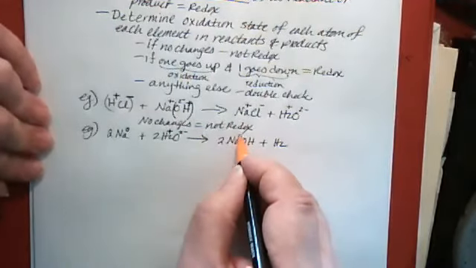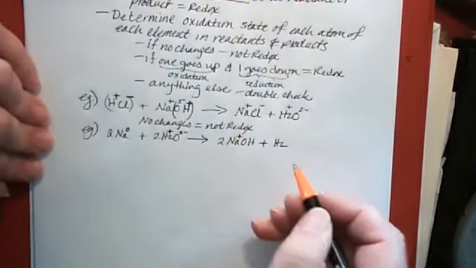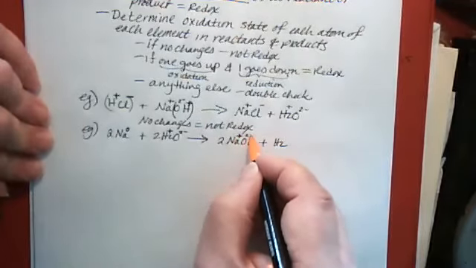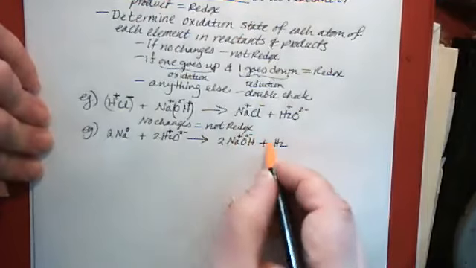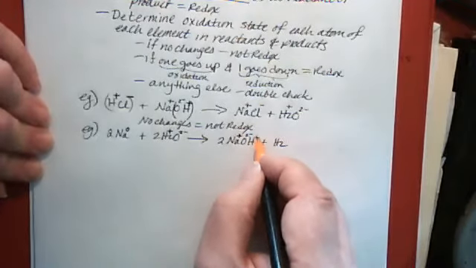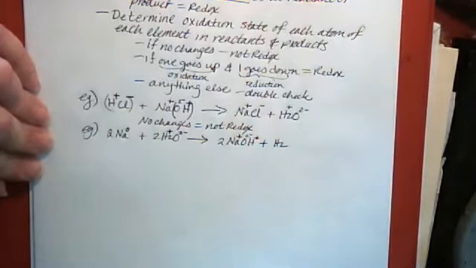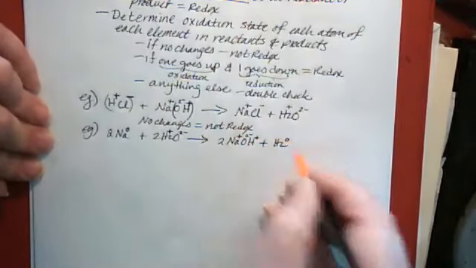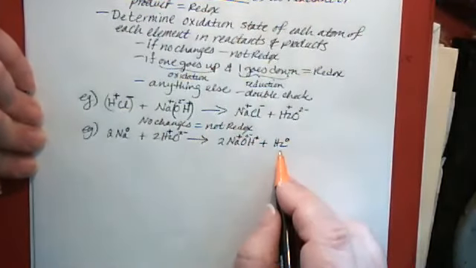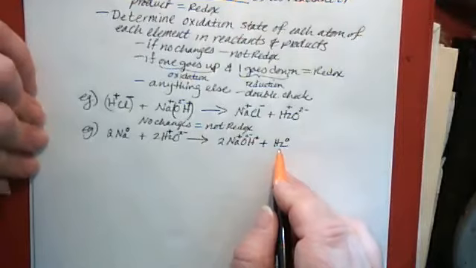For the sodium hydroxide, again, sodium is always +1. Oxygen is always -2 with everything except fluorine. Hydrogen is always +1 when it's attached to a nonmetal like oxygen. And so we have that. And then we have the free element hydrogen, which is 0 as charge.